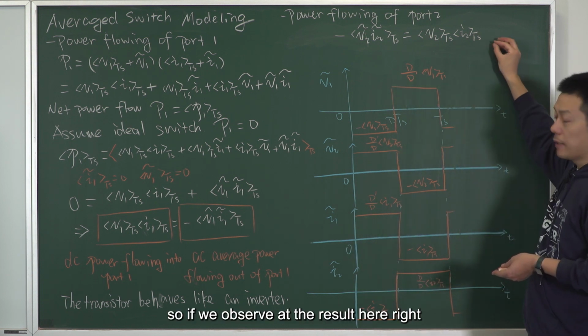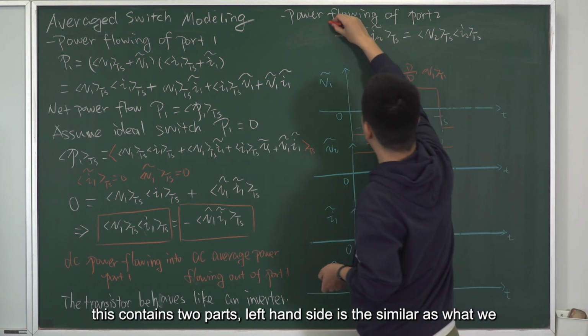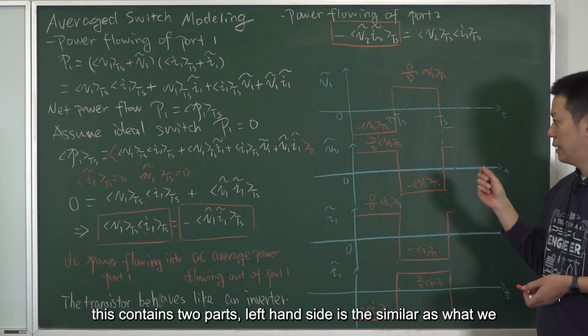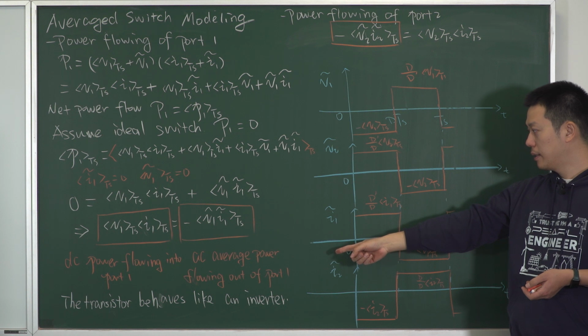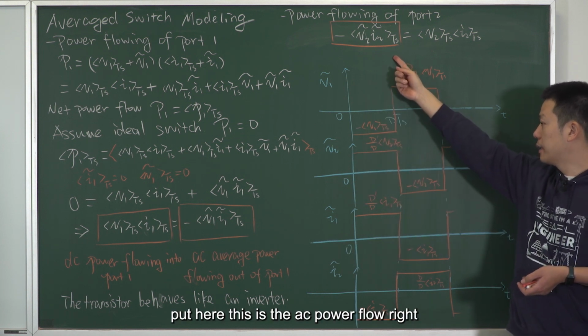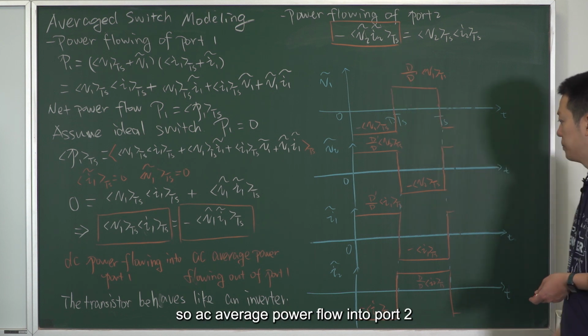So if we observe the result here, this contains two parts. The left-hand side is similar to what we put here. This is the AC power flow, so the AC average power flow into port 2.